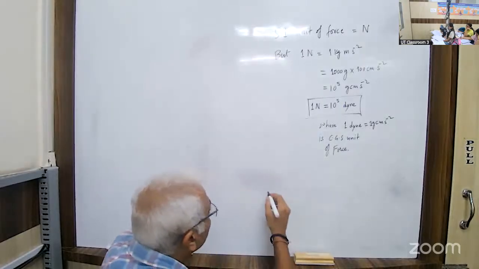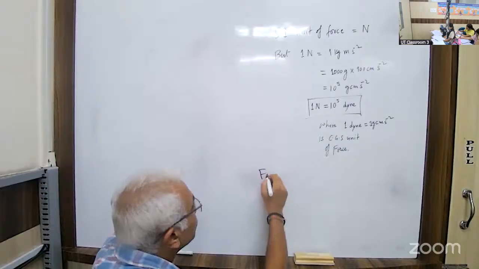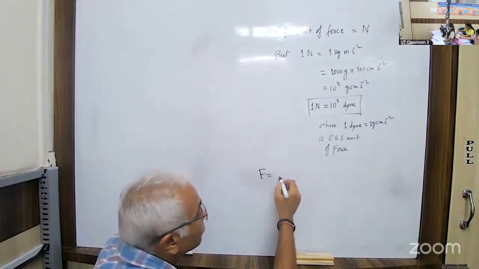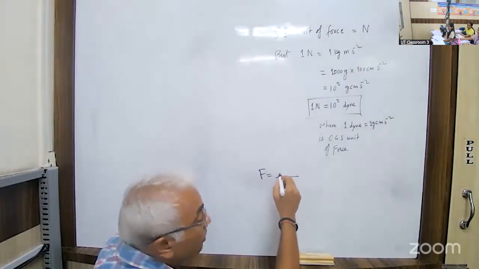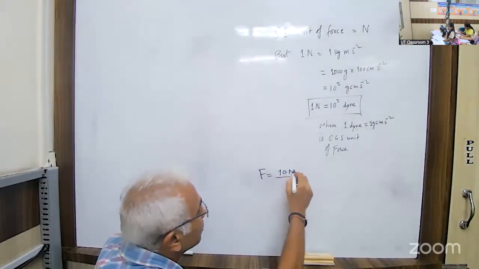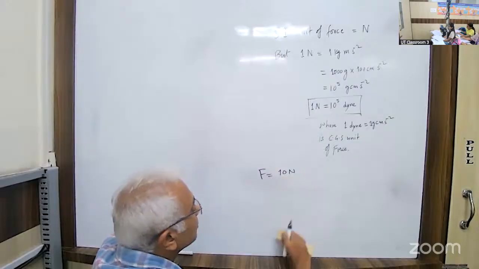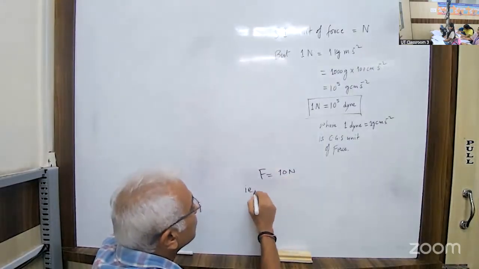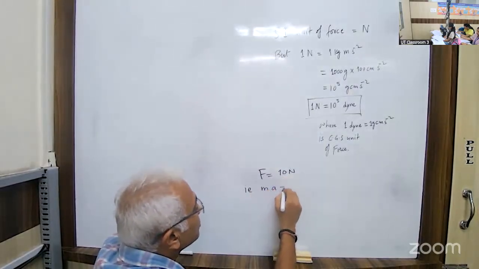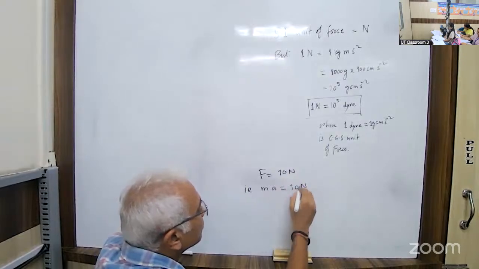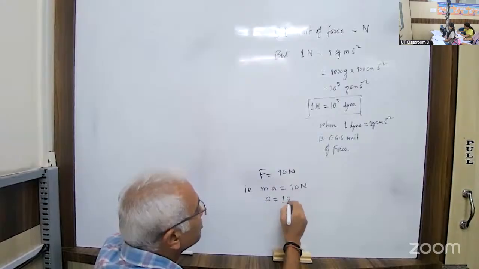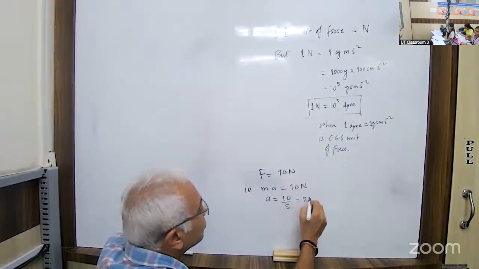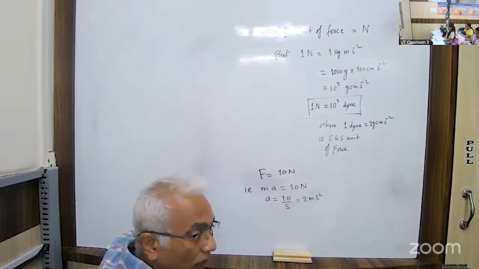See, what do you have? In the first part you calculated force. How much force did you get? 10 Newton. Okay. That is, mass into acceleration is equal to 10 Newton. So how much acceleration will come? 10 by m. What is mass? 5, right? 2 meter per second square will come.